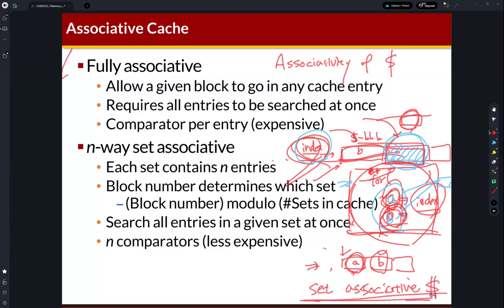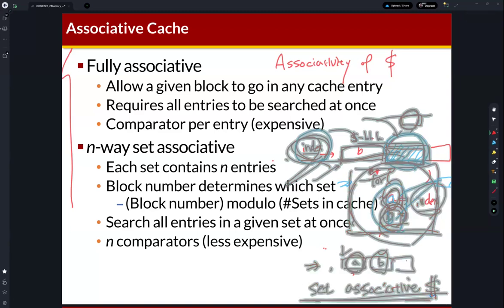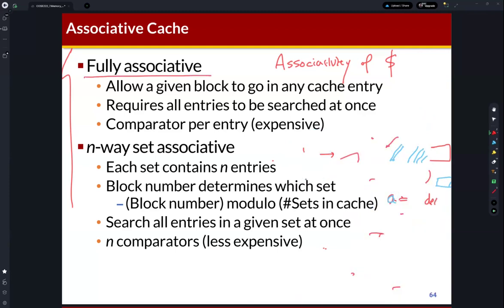So we can find some different kinds of set associative cache. The maximum case is the fully associative cache, which can be called the FA cache.